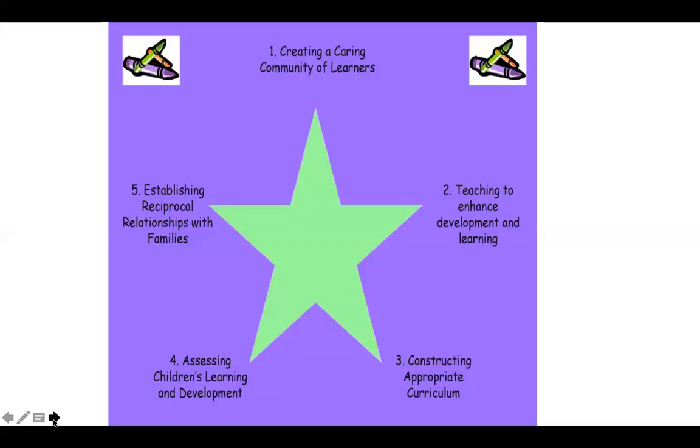Here are the 5 guidelines for developmentally appropriate practice: creating a caring community of learners, teaching to enhance development and learning, constructing appropriate curriculum, assessing children's learning and development, and establishing reciprocal relationships with families. These teaching practices are designed to support each and every child's optimum learning and development.